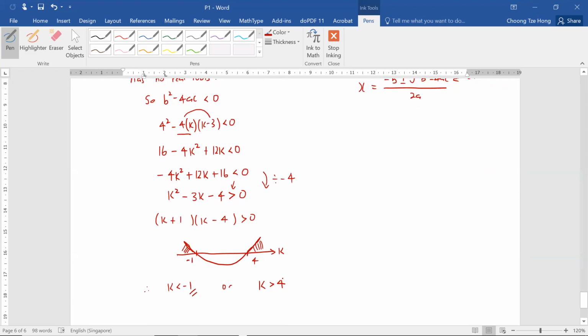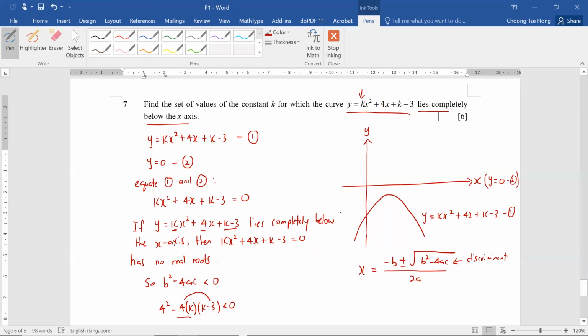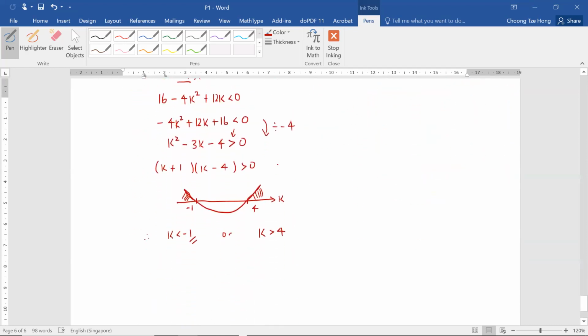But k greater than 4 will not be okay, because if k is greater than 4, this curve is going to be a smiley face. It's impossible for a smiley face curve to be always less than 0, because the curve will continue upwards and eventually cut the x-axis and become greater than 0. So you've got to reject k greater than 4.